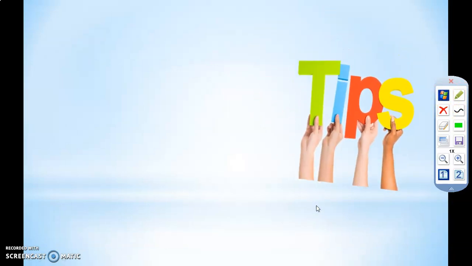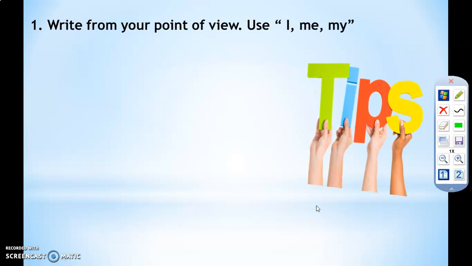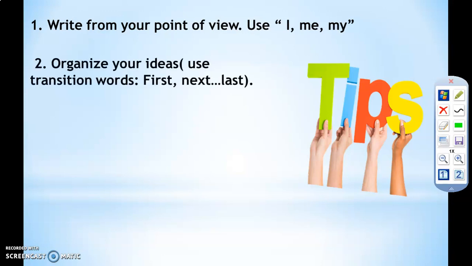Okay, more tips. You should remember that when you are writing a personal narrative, you must use your point of view, and you have to use the pronouns I, me, my, etc. Of course, do not forget to organize your ideas.